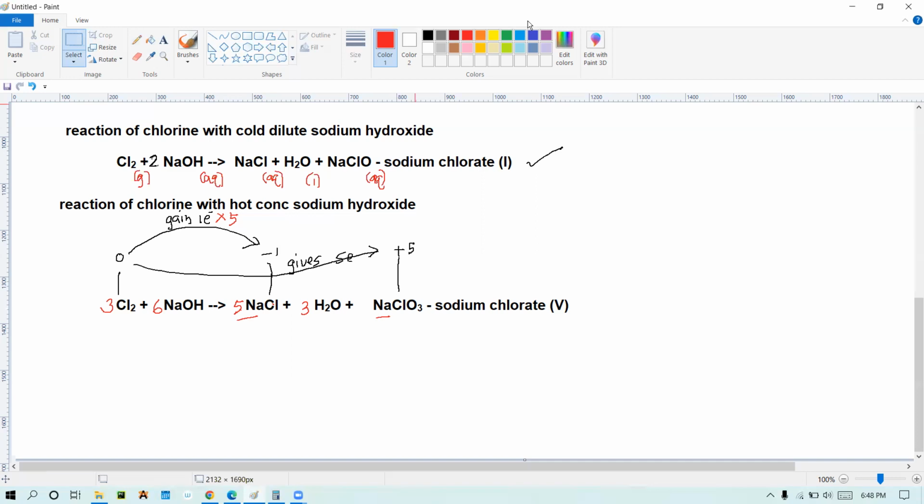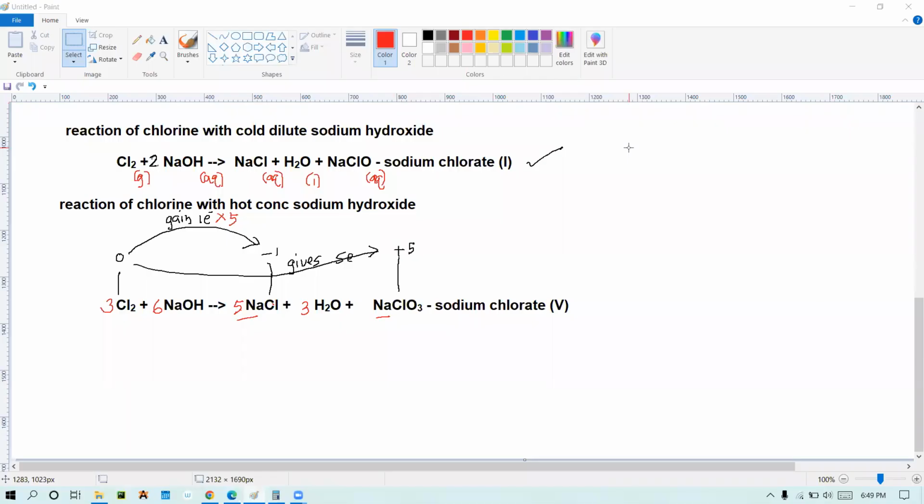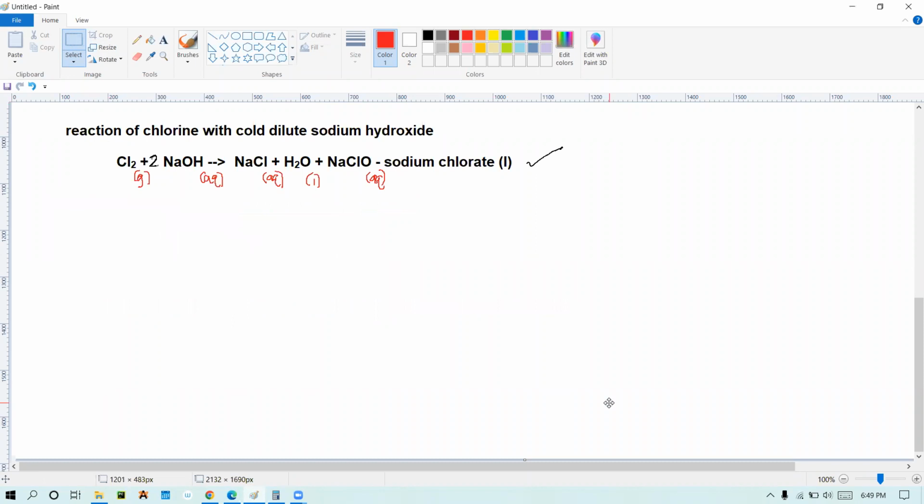Before going to the construction of the ionic equation, I will delete this last part. And then, when a compound is water soluble, aqueous, it means it breaks into cation and anion. This equation I can write again, breaking the aqueous substances into their ions.